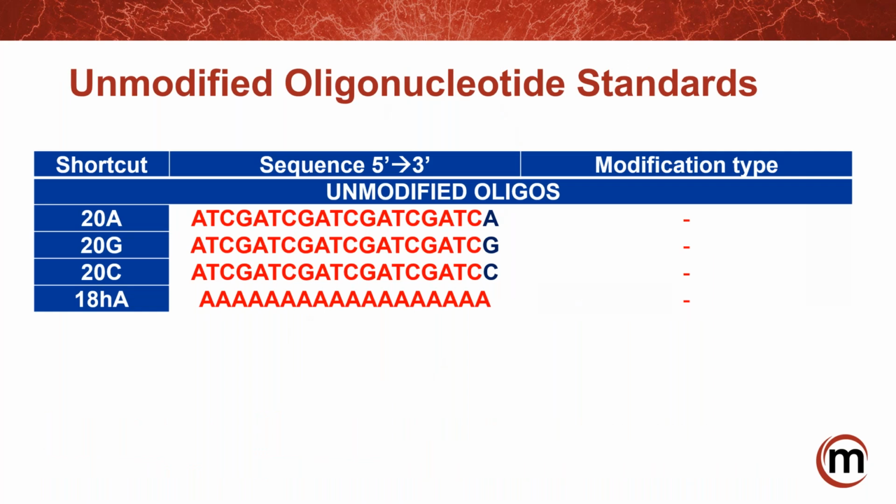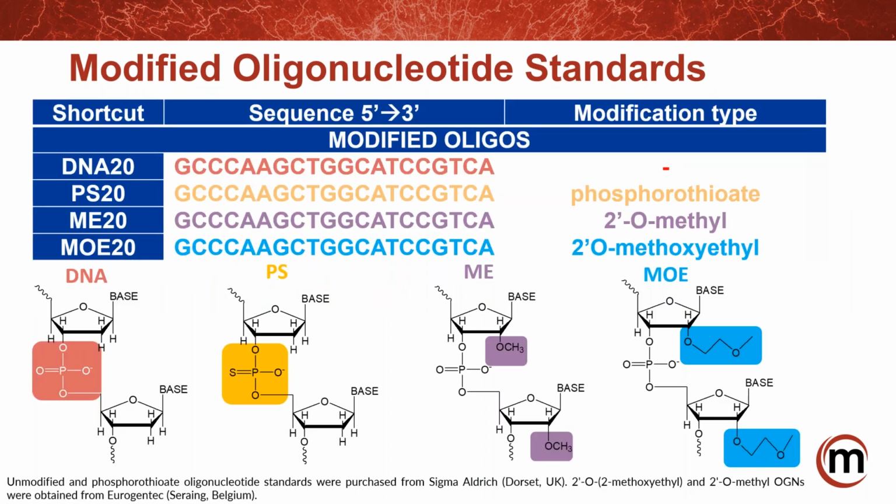So on the unmodified oligos, what you look at is, from the 5' to 3' direction, you have a 20A, and so A is the 3' tail, 20G, 20C, and then 18HA, which is all adenines. And the modified, these are the ones that are therapeutic impact.